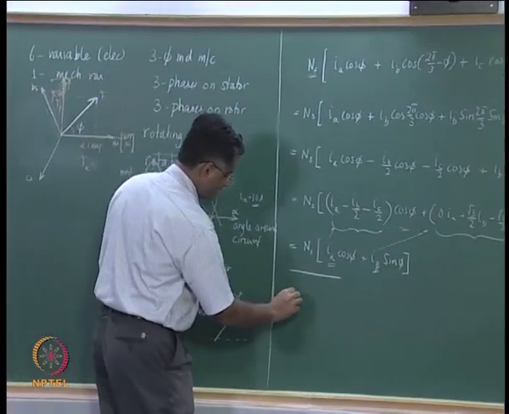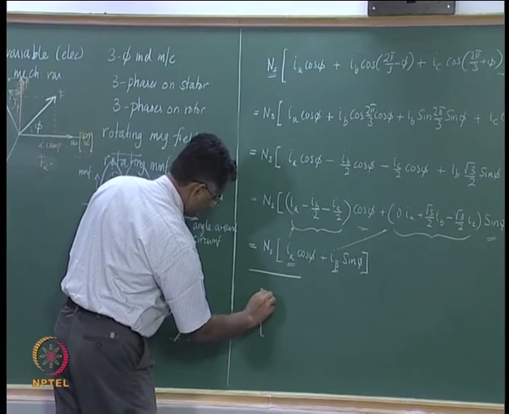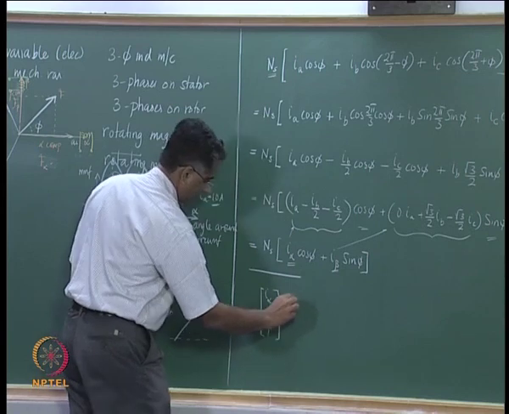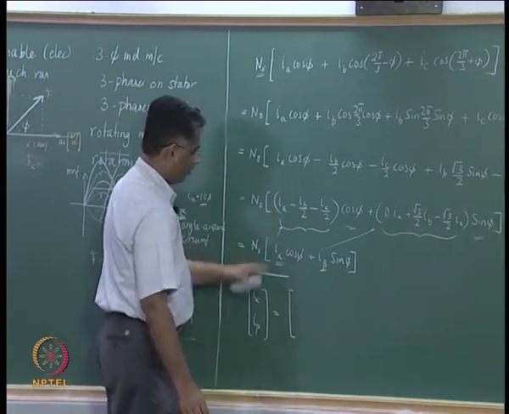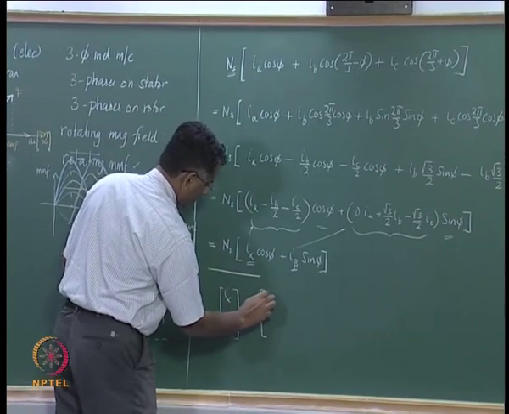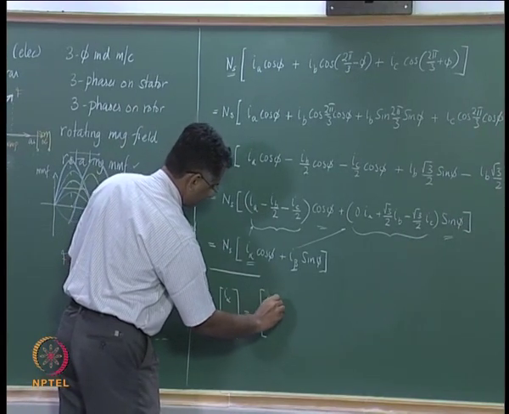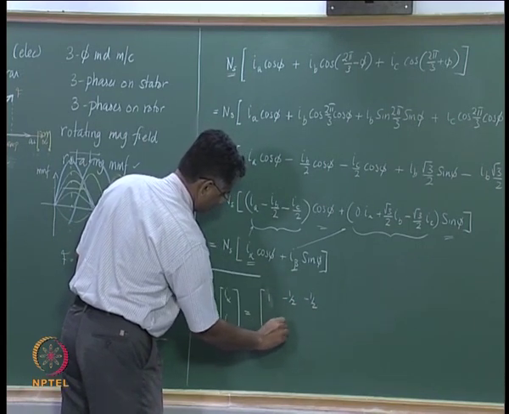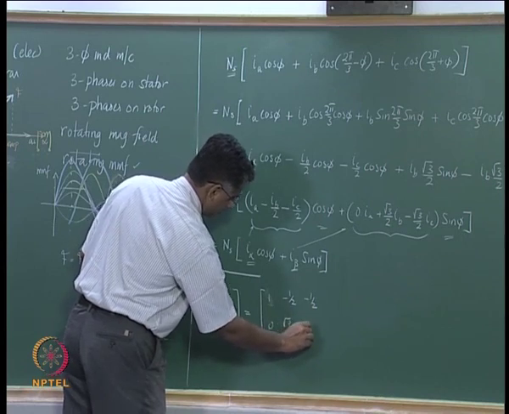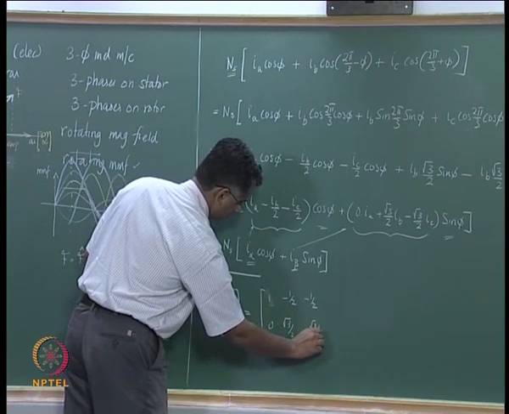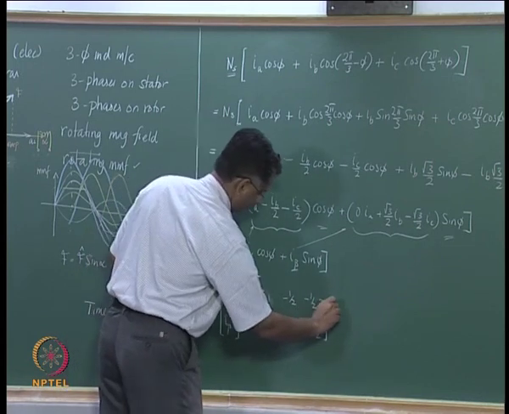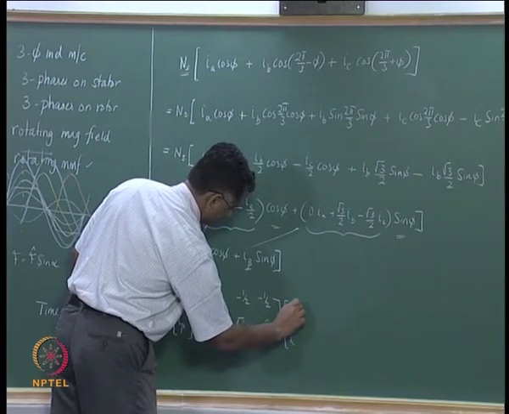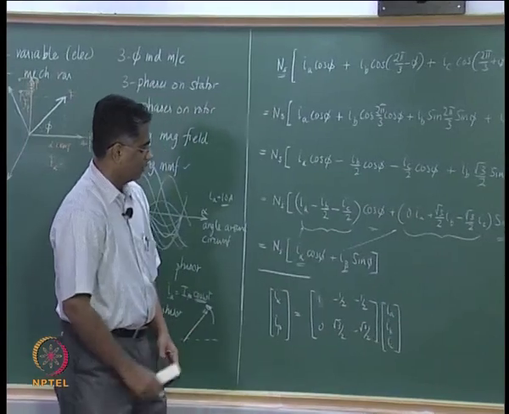We can now define a relationship saying I alpha, I beta is equal to, or rather we can write it as, 1 minus half, 0, root 3 by 2 and minus root 3 by 2, multiplied by the vector IA, IB, IC. This is what we have.